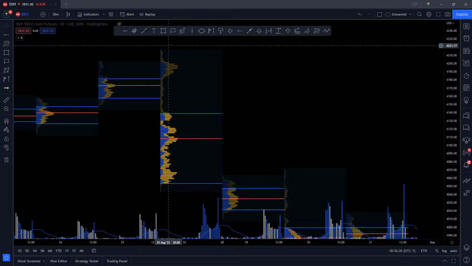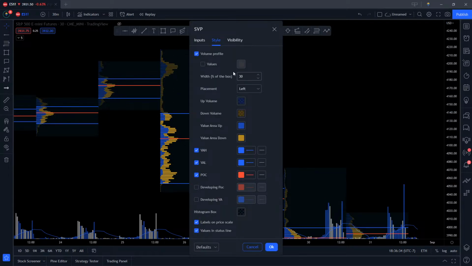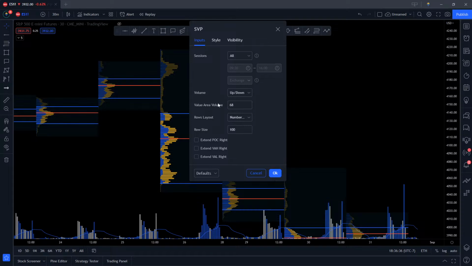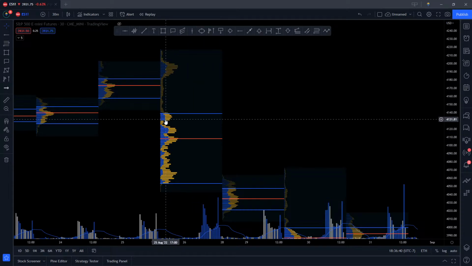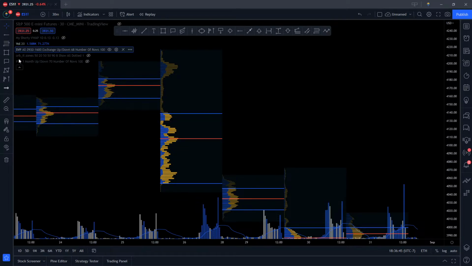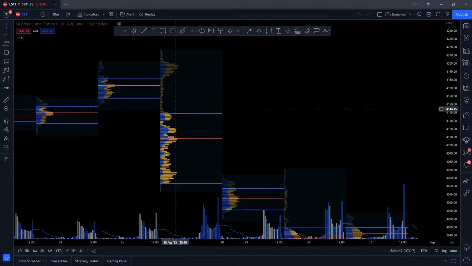Again, this whole area is going to be the volume profile. This highlighted area is called the value area. And that's going to be based on our settings, where 68% of the trading volume took place on any given day, if we're using the session volume profile. So each one of these represents one day.